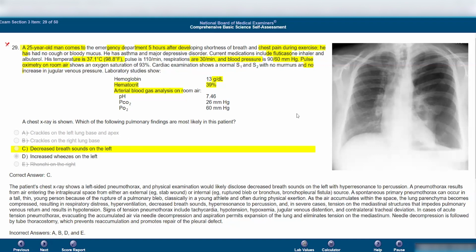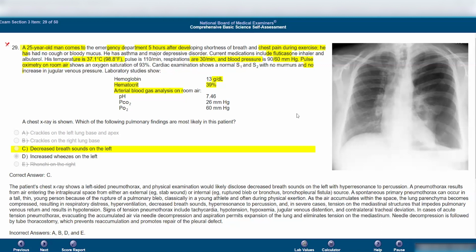But anyway, he has no cough or bloody mucus. He has asthma and major depressive disorder. His current medications are a fluticasone inhaler and albuterol. Pulse is 110, blood pressure is 98. He's tachycardic and has low blood pressure. Pulse oximetry shows oxygen 93.